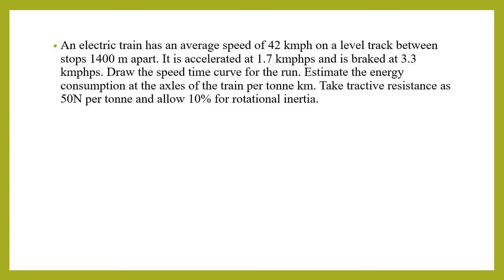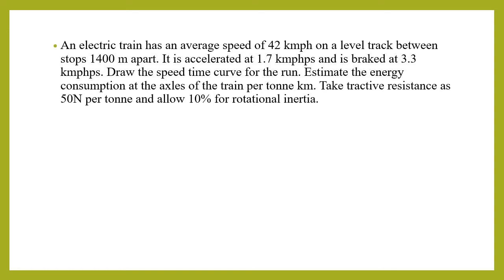Next problem, an electric train has an average speed of 42 km per hour on a level track between stops 1400 meter apart. It is accelerated at 1.7 km per hour per second and is braked at 3.3 km per hour per second.